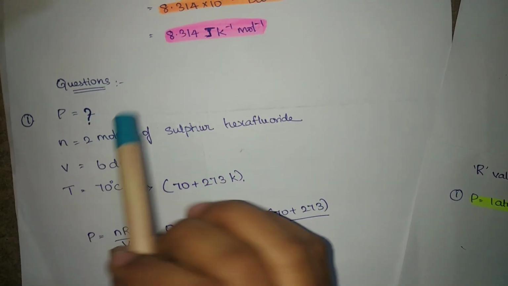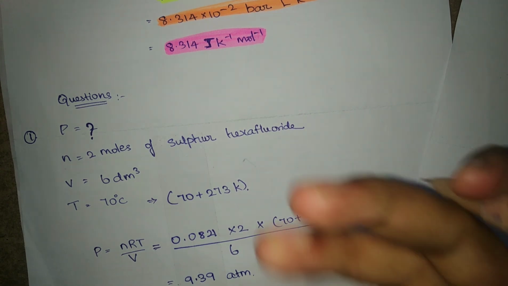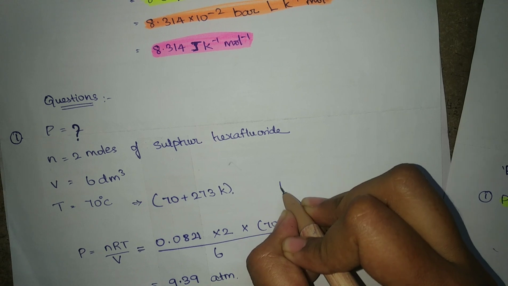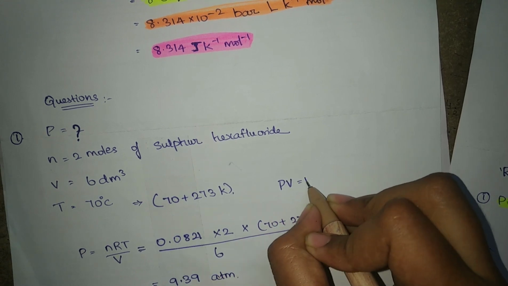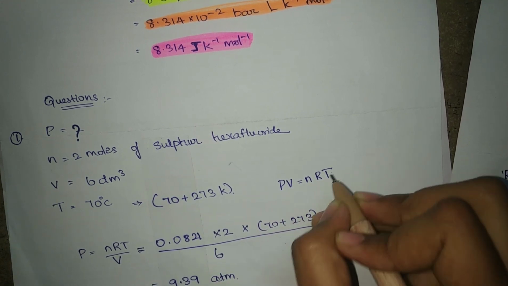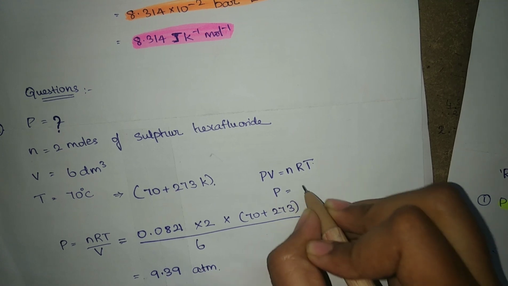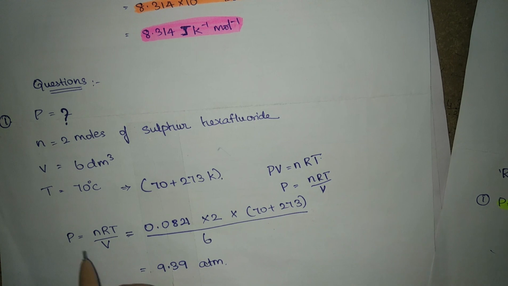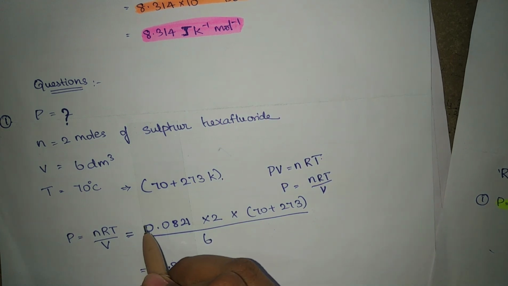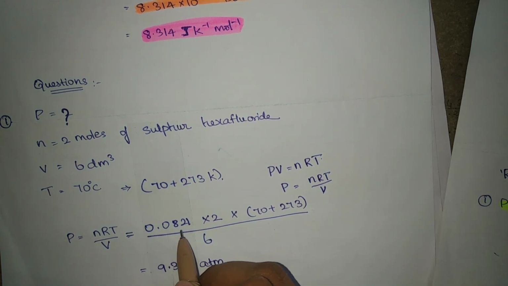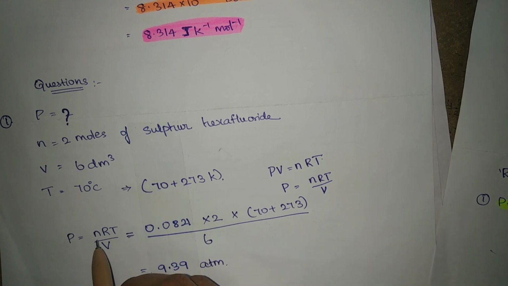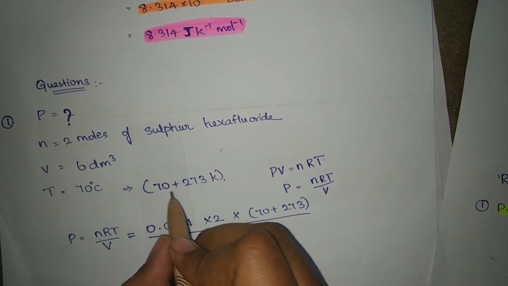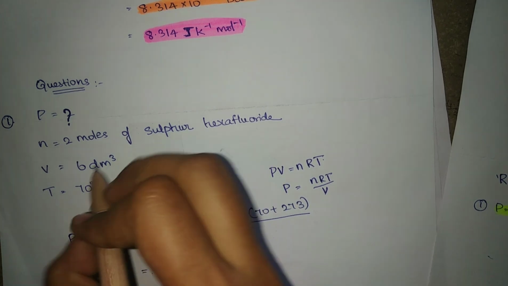So we need to find the value of pressure. We know the ideal gas equation is PV is equal to nRT. Rearranging the equation, P is equal to nRT by V. The R value is 0.0821, the n value is 2, the T value is 70 plus 273, and volume is 6.